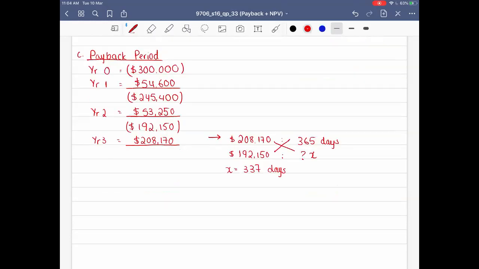So what is our payback period? The payback period is 2 years. पहला और दूसरा साल हम पूरा यूज कर रहे हैं, but third year we are not using in full.